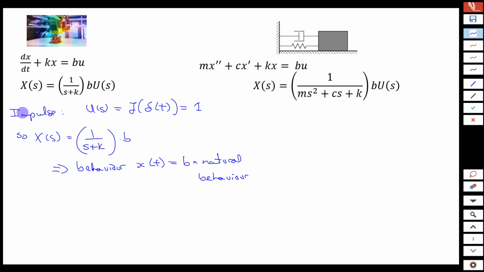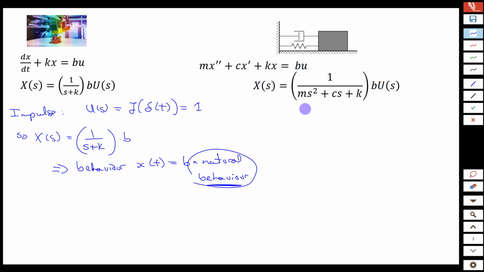So when you see the impulse response of a system, it is essentially the natural behavior of the system, maybe scaled up or down by something. The metaphor used is, I hit the system with a hammer, what does it do? You've hit it and then you're not doing anything else, so all you see is what the system would naturally do going forward in time.